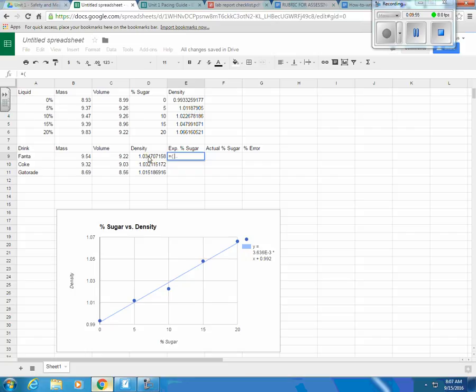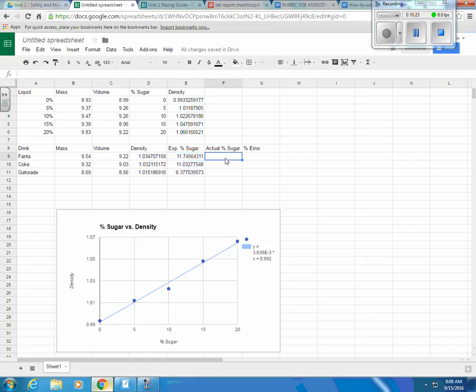So equals, parentheses, our density minus 0.992, close the parentheses, and then divided by 0.003636. And there's our experimental percent sugar. Use the fill handle to fill in the rest of them.